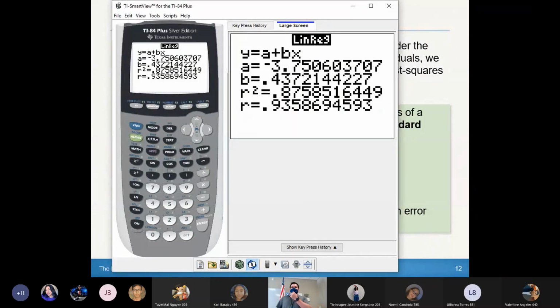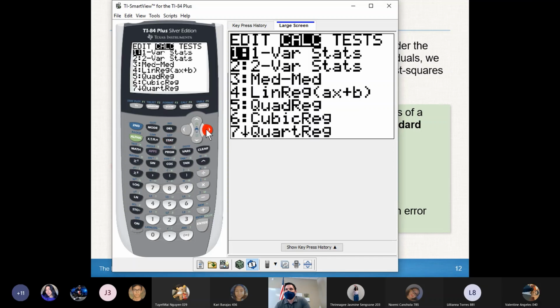Notice in the first thing that we did here, from our previous example in 3.1, we don't have s as one of our outputs. We have r and r squared, which we'll get to shortly. But s was not an option here. But we do have the correct linear regression line. So what we need to do is go to stat, and now we'll go to tests.